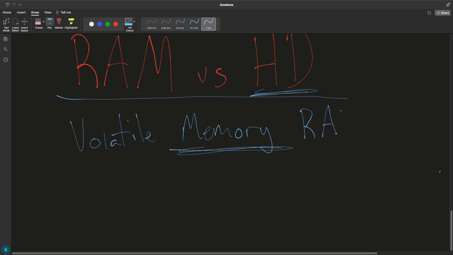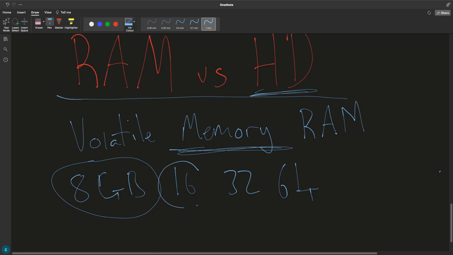So how much memory have you got? I'd expect to be seeing things like 8 gigabytes, 16, 32, 64, and you'll notice from the binary that this is double. These are binary numbers, right? So representation numbers.